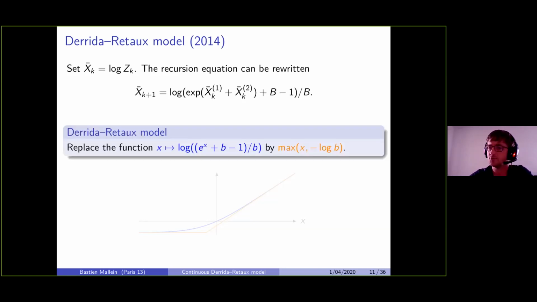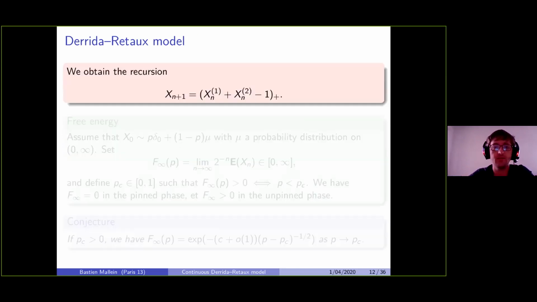You can replace the function log of e to the x plus b minus 1 over b by the maximum between x and minus log b. If you replace the blue function by the orange function, you expect the phase transition to behave very similarly, but the model to be simpler. And indeed, you get the recursion x n plus 1 equals the sum of 2 independent copies of x n, minus 1, and you take the positive part.